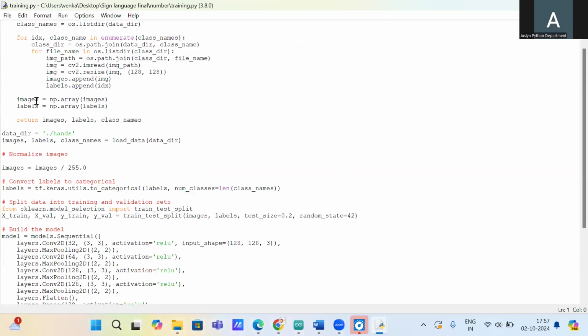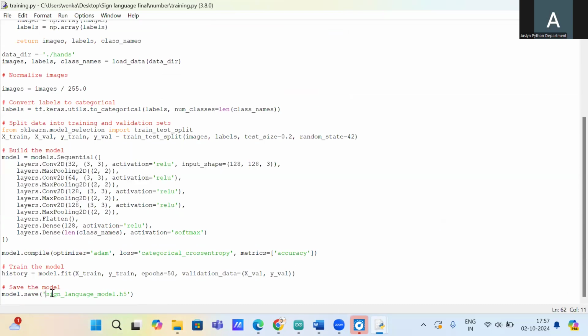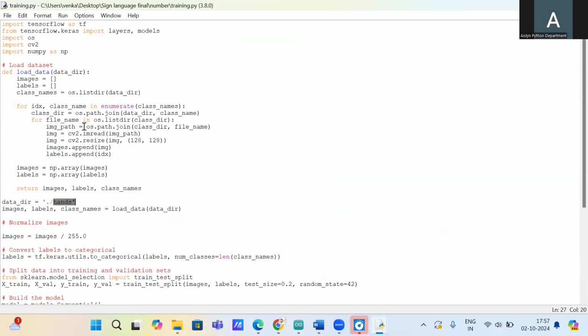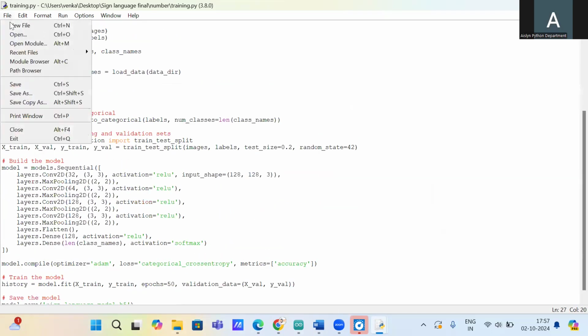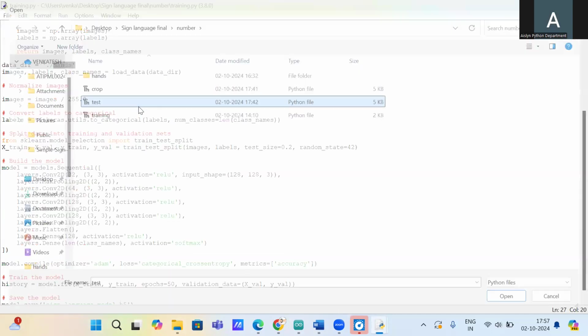Yeah, this is our training code. Here we save the model, and based on this saved model we predict real-time sign language. This is our dataset given here. Now the new testing code is here.